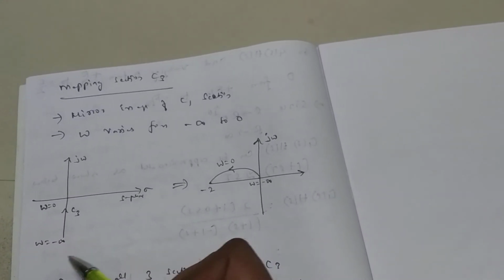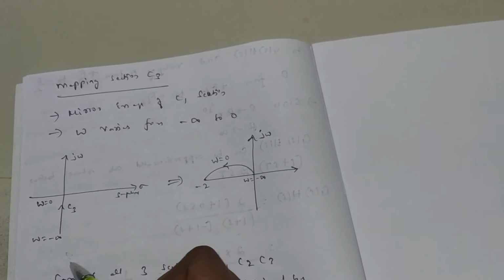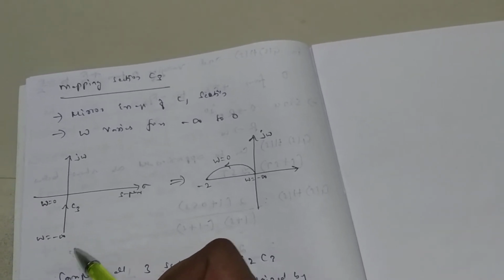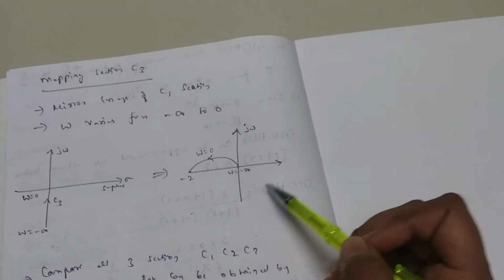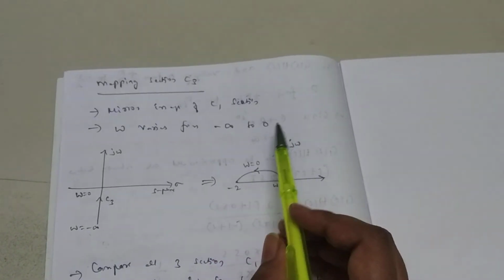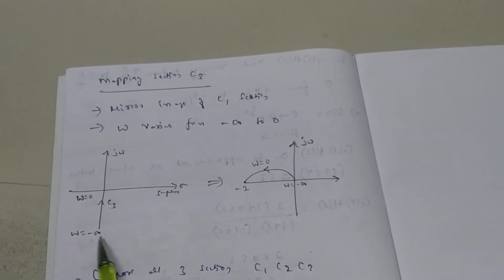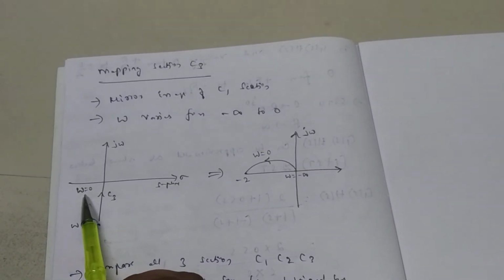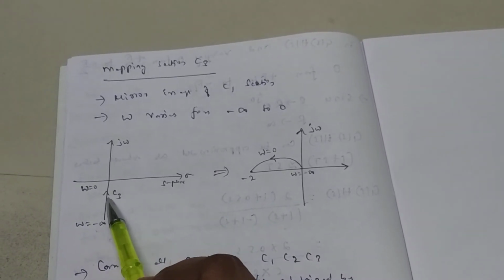That means the inverse polar plot is given by the mirror image of the polar plot with respect to the real axis. So C3 is nothing but a mirror image of the C1 section, that is, omega equal to minus infinity to 0. So the direction will be like this.